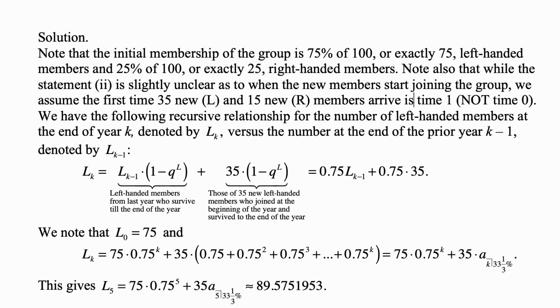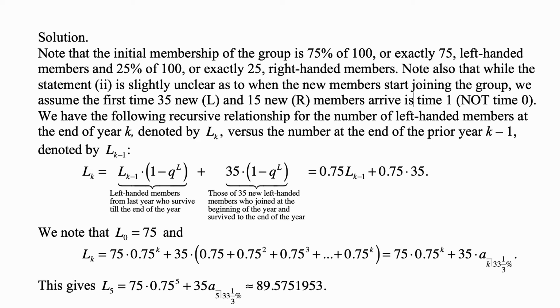LK is equal to LK minus 1 times 1 minus QL, the left-handed members from last year who survived till the end of the year, plus 35 times 1 minus QL, those of 35 new left-handed members who joined at the beginning of the year and survived to the end of the year. And that's equal to 0.75 LK minus 1 plus 0.75 times 35.